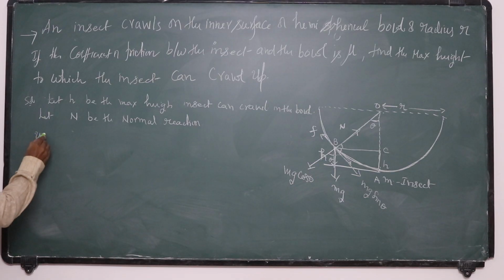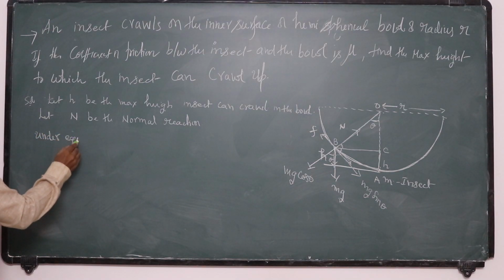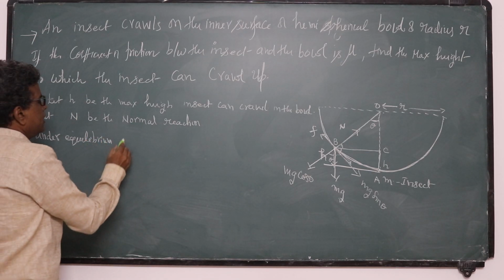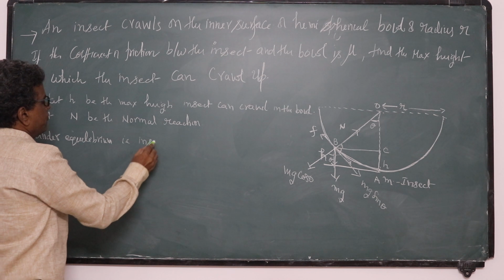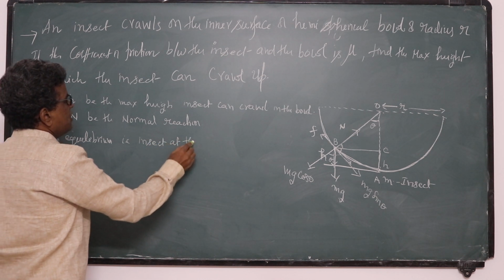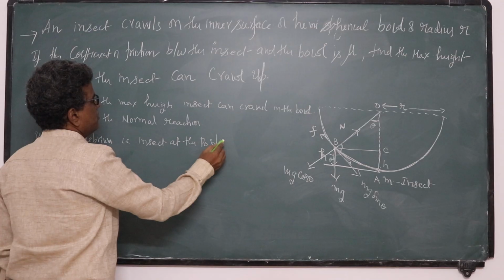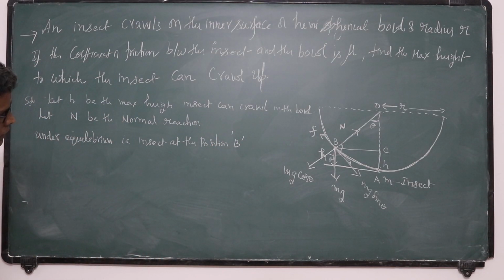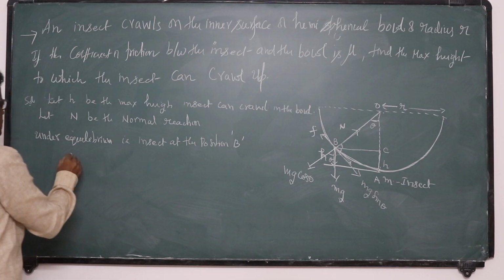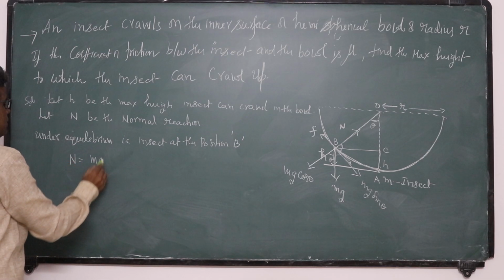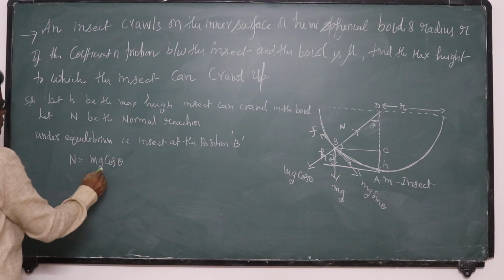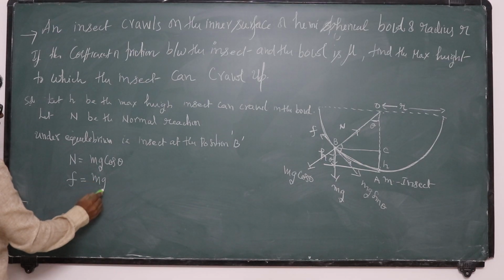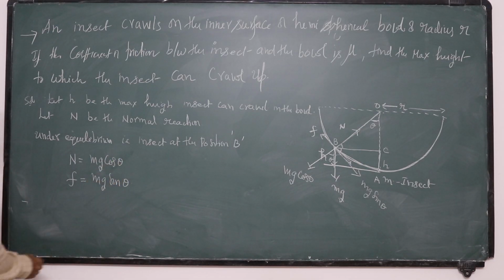So under equilibrium, for the insect at position B, n becomes mg cos theta, and the frictional force balances mg sin theta.